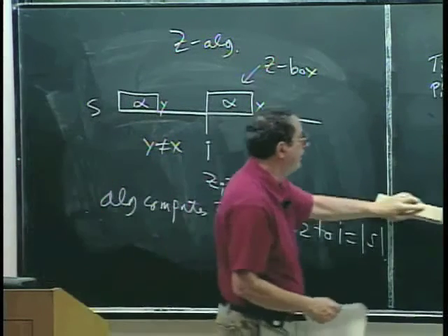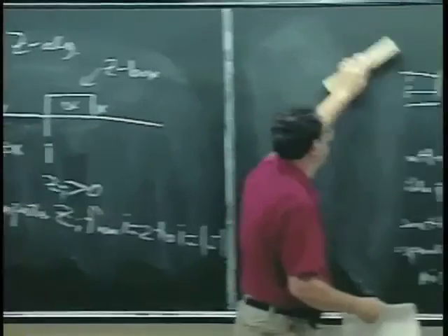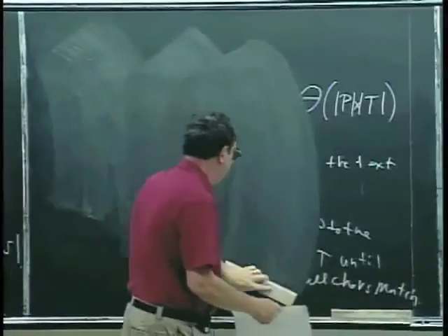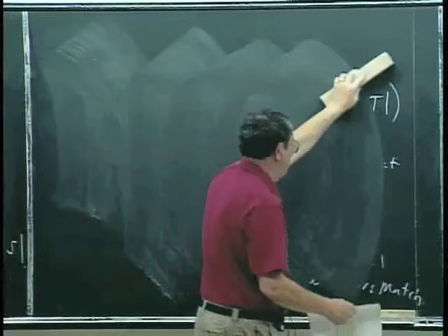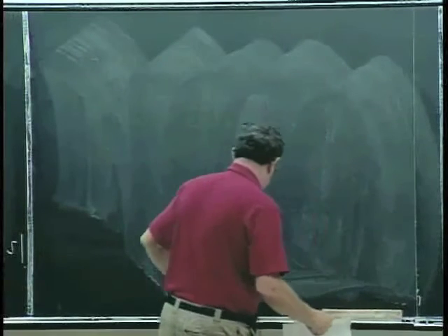As the algorithm proceeds, it's finding Z values in order, and it's finding Z boxes.